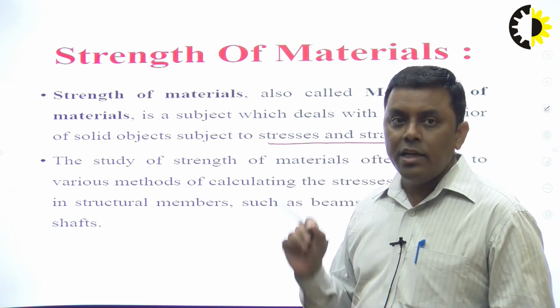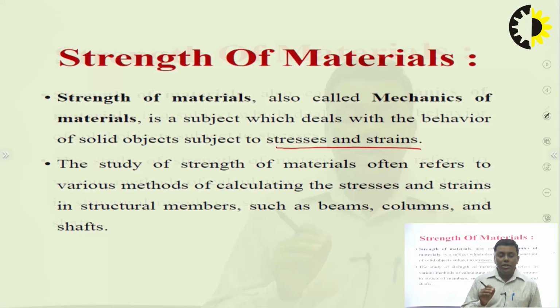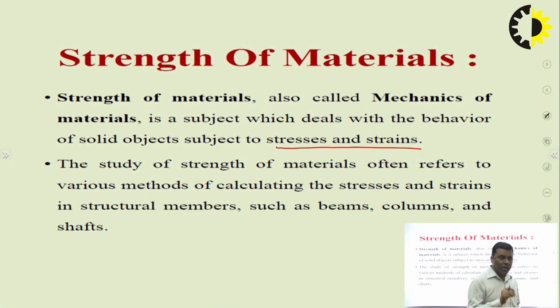Here we are talking about deformable bodies. Whenever a body is subjected to any deforming force, it offers resistance against the deformation, and that resistance per unit area offered by the material is known as stress. The corresponding deformation with respect to the actual shape and size of that body is known as strain.